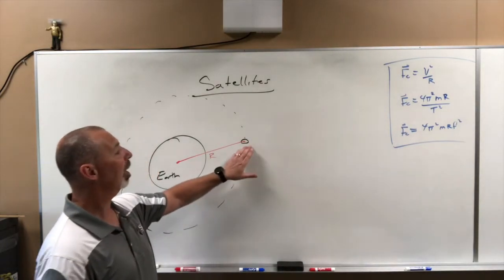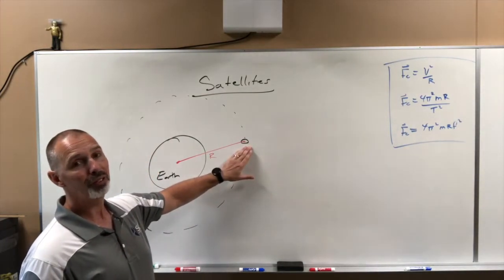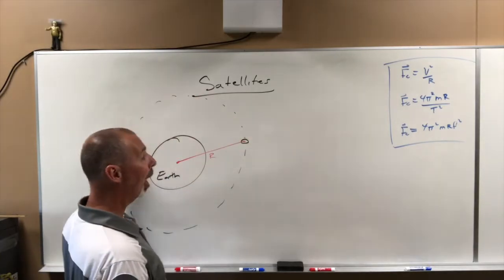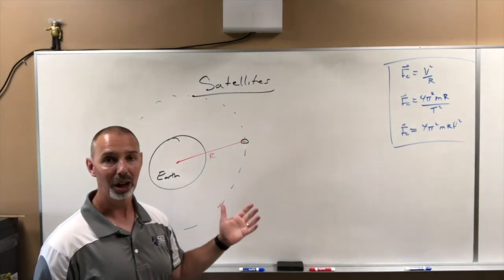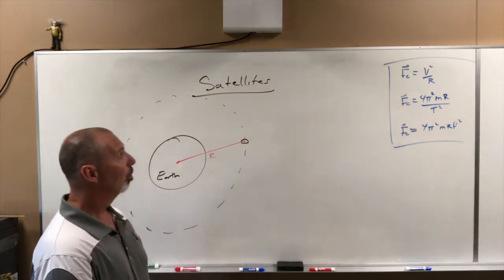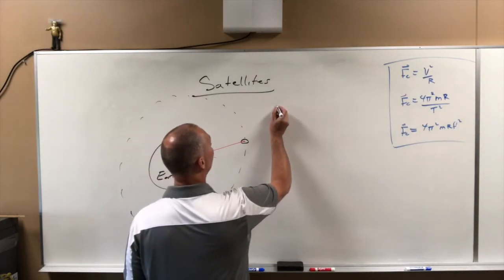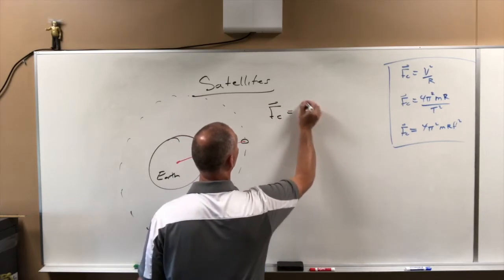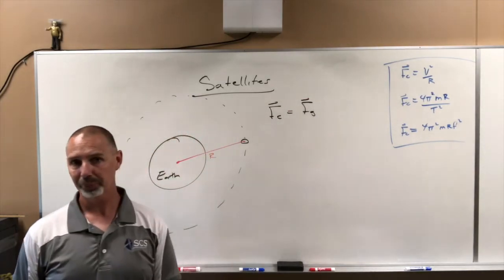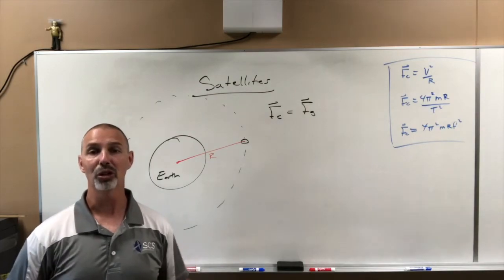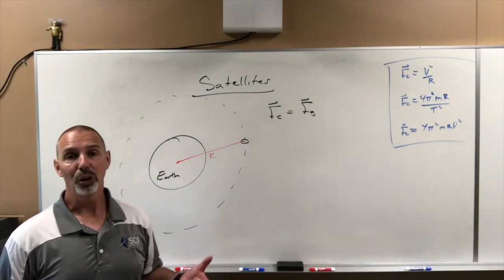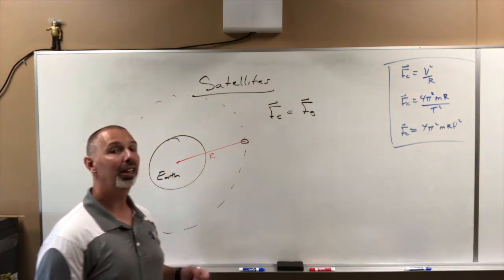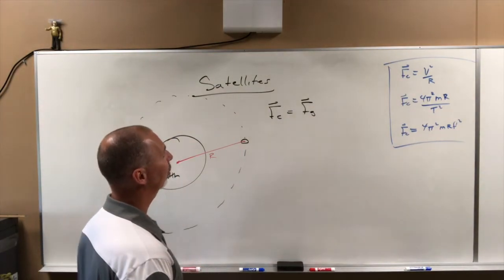So if you think from the satellite's perspective here, what force is keeping it traveling in a circular motion? Well, it's the force of gravity. So knowing that, the centripetal force, which again is a net force, is equal to the force of gravity. Right, because centripetal force is the net force that is keeping the object in its circular path. In this case, that's gravity.